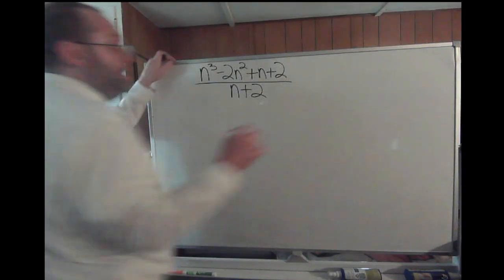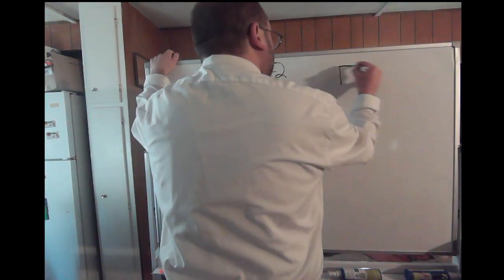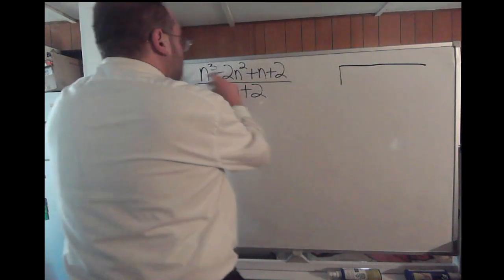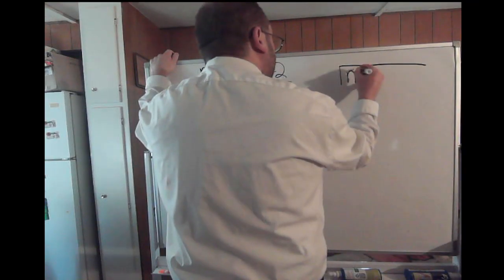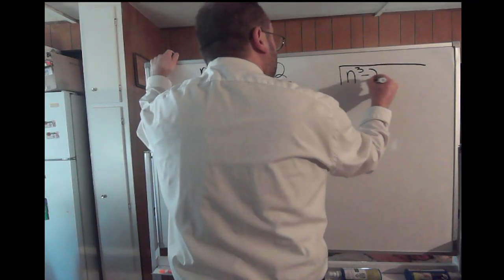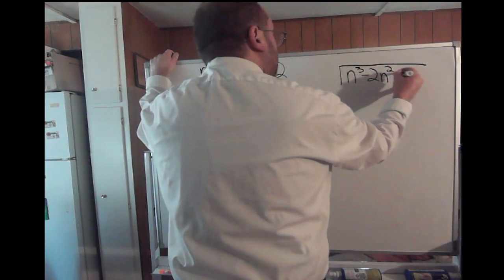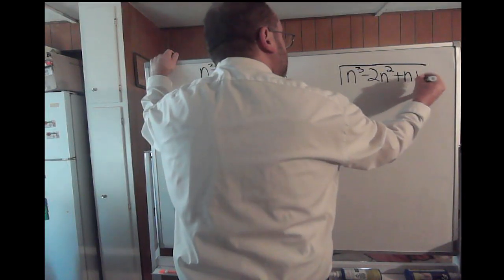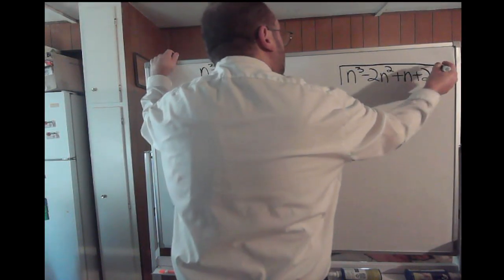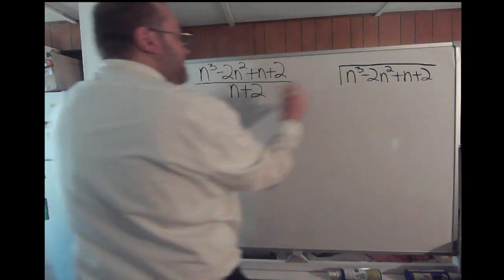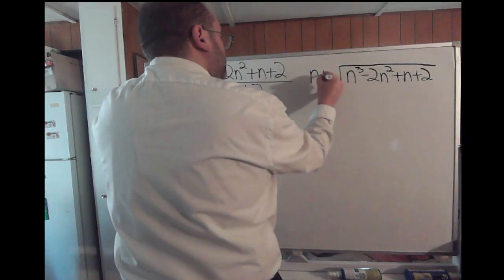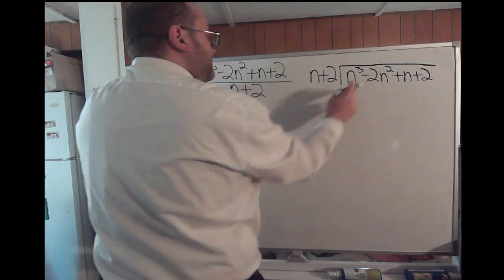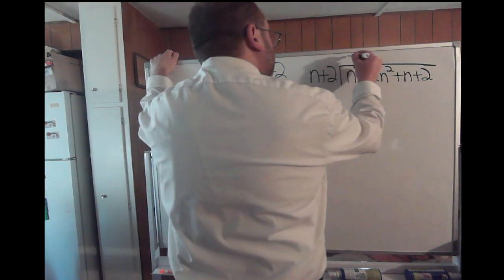So we're going to go ahead and set up our long division still. Set up your dividend of n to the third minus 2n to the second plus n plus 2. Just divide that by your divisor of n plus 2. Now n times what equals n to the third? That'd be n to the second.